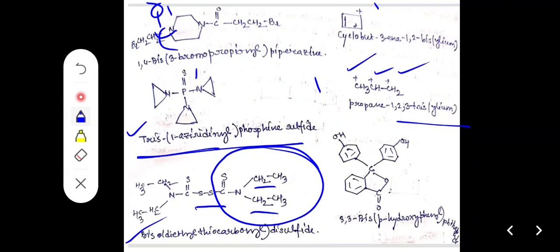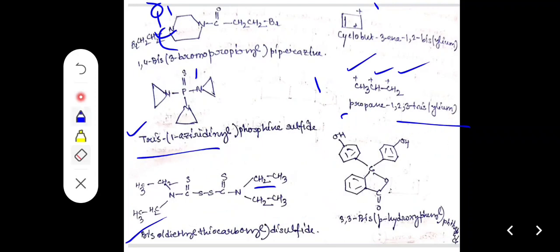Okay, next one, 3,3-bis(para-hydroxyphenyl) phthalide. There should be bis(para-hydroxyphenyl) because 2 para-hydroxyphenyl groups are present, because OH is present at the para position with respect to C. So we can term it para-hydroxyphenyl, and that should be present 2 times.